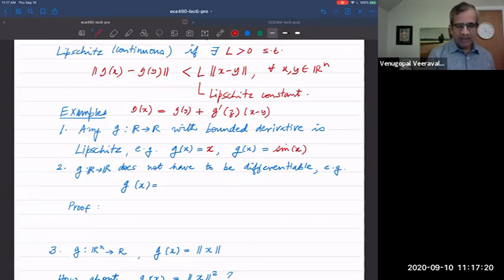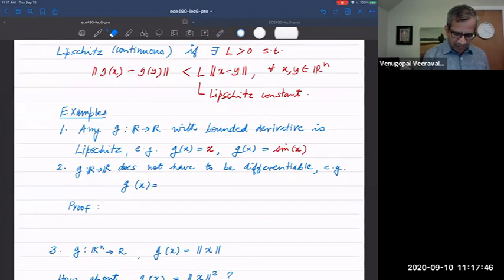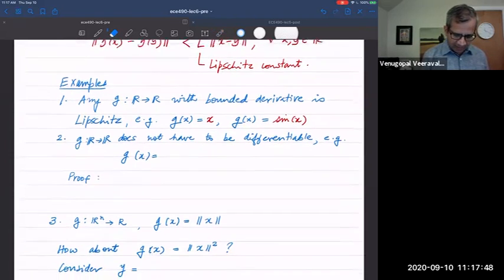So this is the exact version, where z is some point in between. So if you take g(y) on this side, and you're left with this, as long as g prime of z is bounded, with the bounded derivative, you have the Lipschitz condition. Okay. So that's why things like x and sine x are going to be Lipschitz.